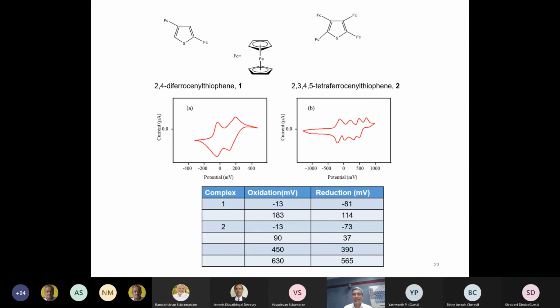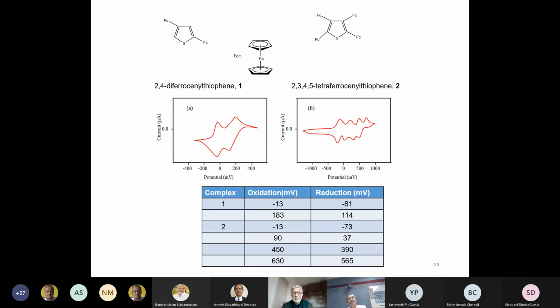And then here is the experiment, and here are the potentials at which all this oxidation and reduction of compound 1 and compound 2 occur. Remember, compound 1 is a bisferrocenyl compound, the other one is a tetraferrocenyl compound on thiophene. Now it turns out that for the neutral tetraferrocenyl thiophene, the crystal structure has been solved.